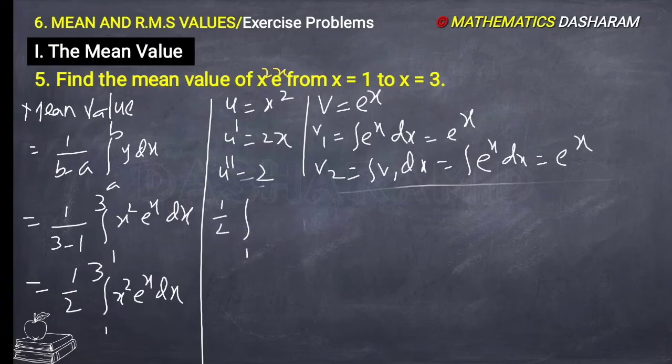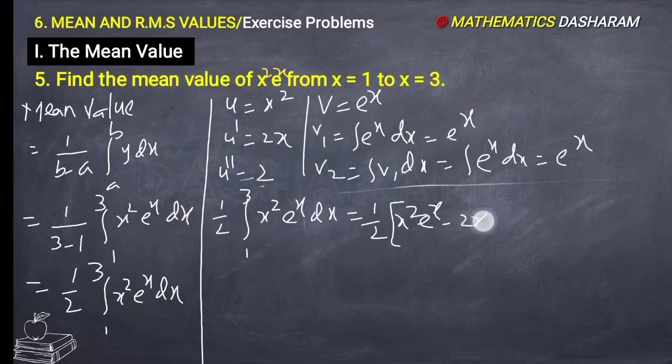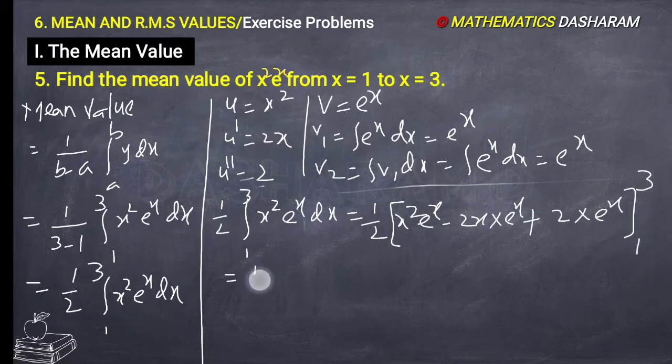1 by 2 integration 1 to 3 x square e power x dx is equals to 1 by 2 bracket of u into v, x square into e power x, minus u dash into v1, that is 2x into e power x, plus u double dash into v2, 2 into e power x. The limits are 1 to 3. It is equals to 1 by 2.